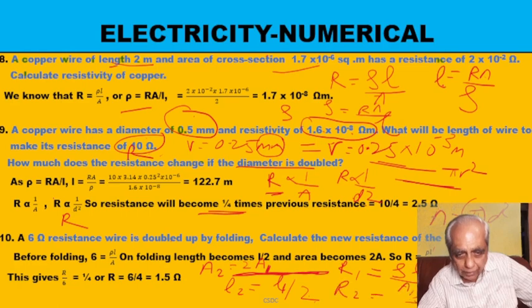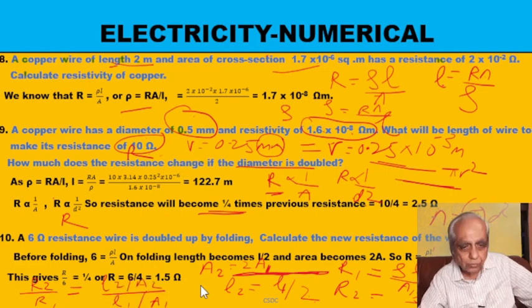So take the ratio R2 upon R1. Rho will get cancelled, I get L2 upon A2 and here L1 upon A1. So you can put the values and get the answer. R1 is known.